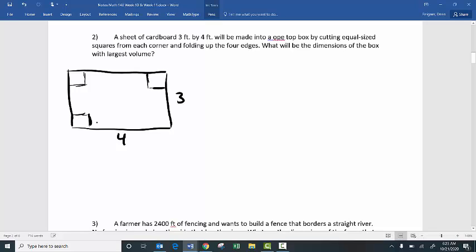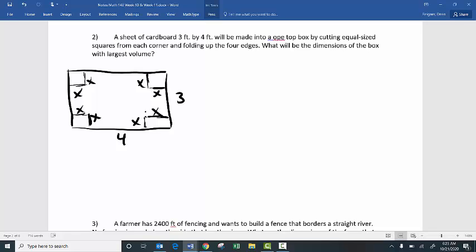So when you cut squares out of this piece of cardboard, it's flat now. Each of them has to be x by x. If you kind of think you got to fold these edges up, when you cut this out here in this corner and fold the edges up, it'll actually make a nice little box. Now the top will be open, but it'll make kind of like a tray almost, with some sides on it, okay?